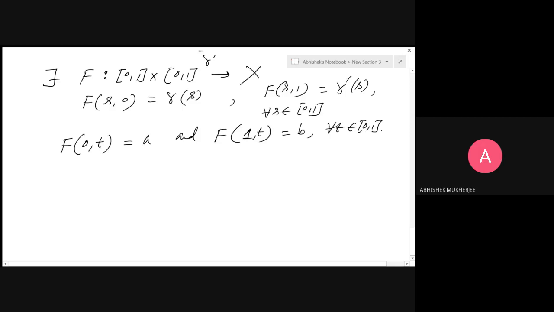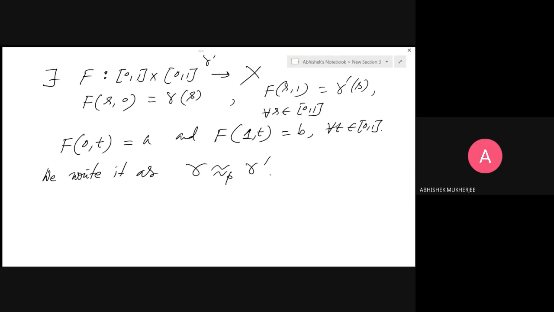That is why we define this as path homotopy between two paths, gamma and gamma dashed. And in that case, you write it as gamma is path homotopic to gamma dashed, just putting a p to distinguish the general homotopy and path homotopy.